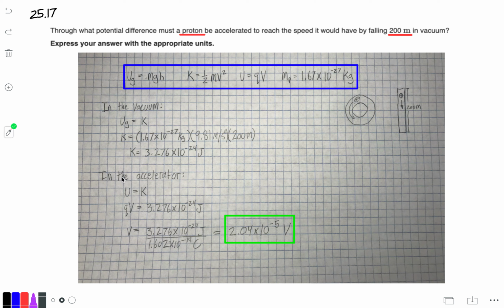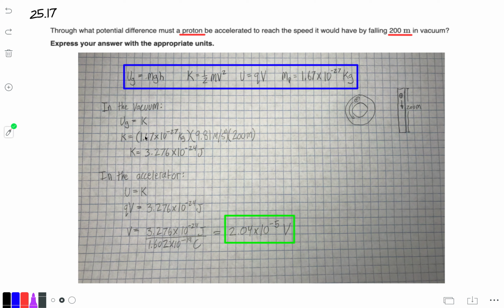So to start off the problem, we can say that we're working with two systems here: one system that is the vacuum, and one system that is the accelerator. In the vacuum, the gravitational potential energy is equal to the kinetic energy, because this is a closed system.